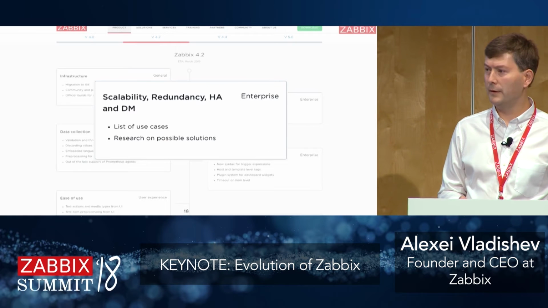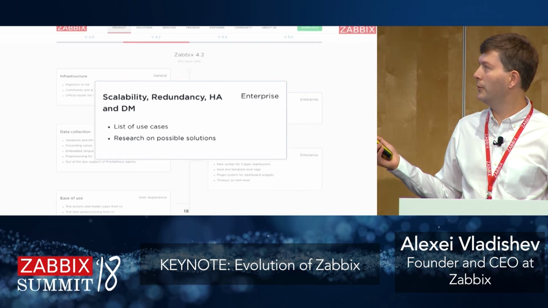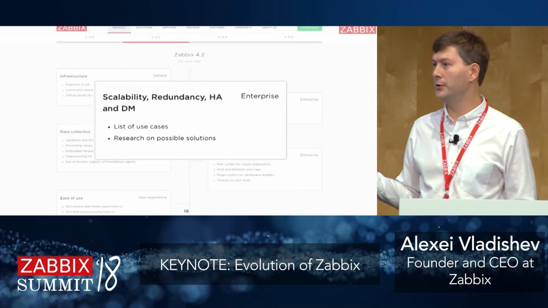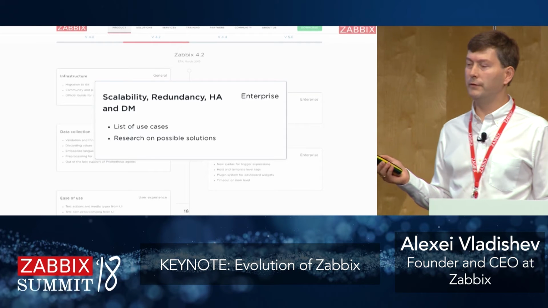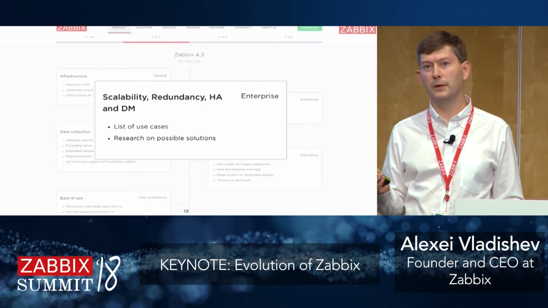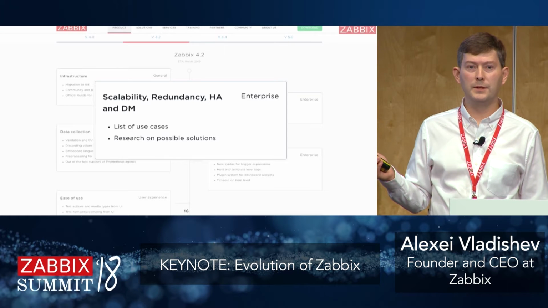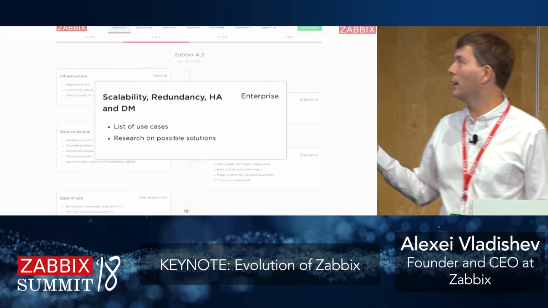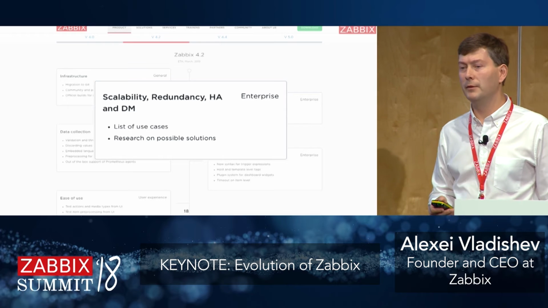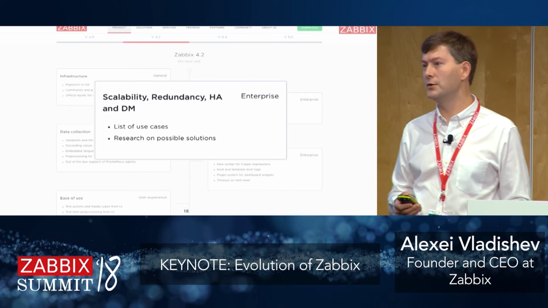And that's a big thing, and we will start thinking about it in 4.2. There will be no solution yet. What we'll try to achieve in 4.2, we'd like to come up with a list of use cases for resolving scalability, redundancy, high availability, and issues related to distributed monitoring.